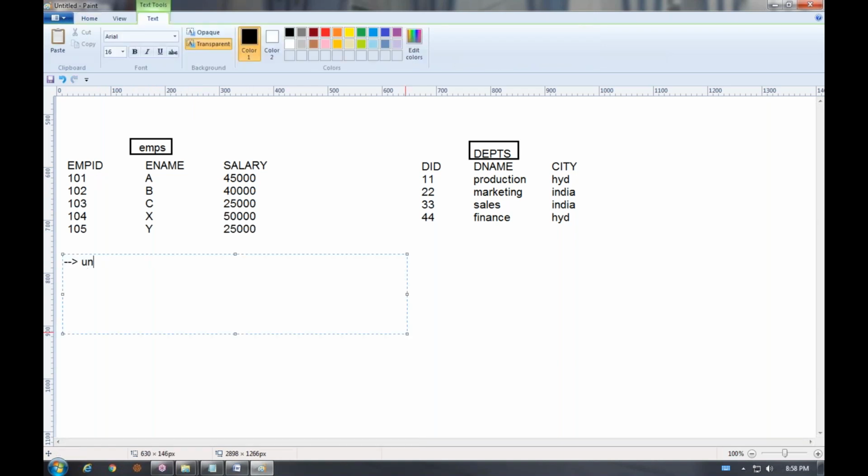Here I am writing a point: unable to access department info of any employee. First drawback. If there is no relation, this is the problem. Second one, unable to access employee info of any department.